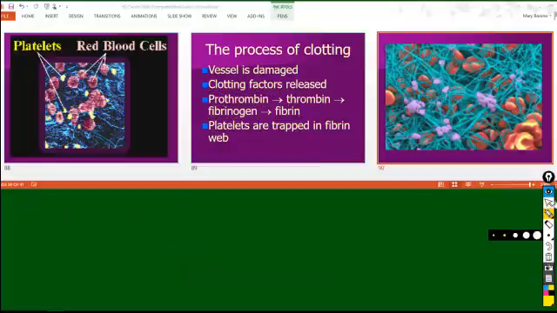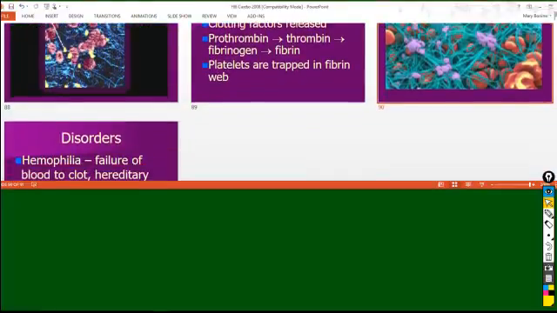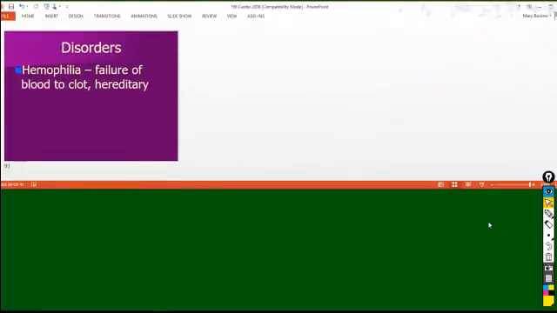There are a couple of disorders related to the clotting process. Particularly, we hear about hemophilia. Hemophilia actually comes in a lot of different forms. We most commonly think of it as a failure of the blood to clot, which means somewhere along that domino effect of chemical reactions, something's not triggering the fibrinogen to turn into fibrin and make that meshy net.